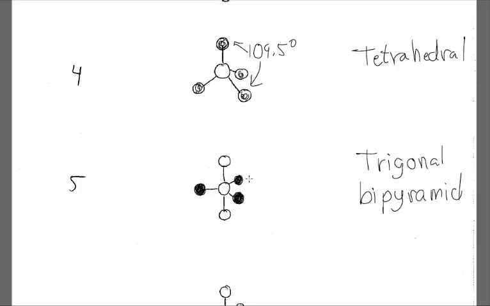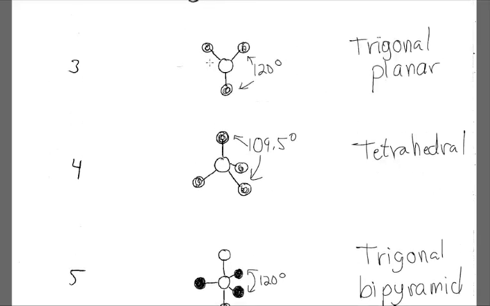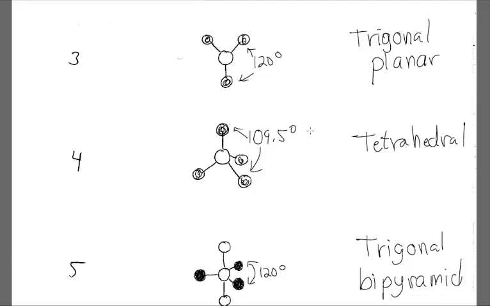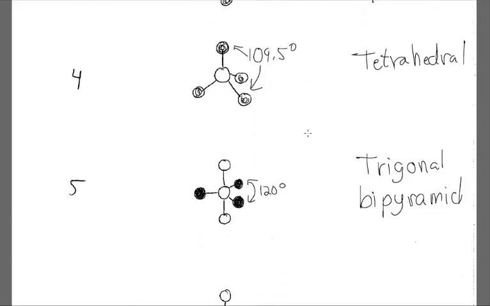The ones that are shaded here are 120 degrees apart, and if you were to flip the molecule, it would actually look just like Trigonal Planar did. It's all in one plane, 120 degrees apart, except I've flipped the molecule. And then you have one that goes up, one that goes down, and the angle between this plane and the up and down is 90 degrees. So we have 2 different angles in there.